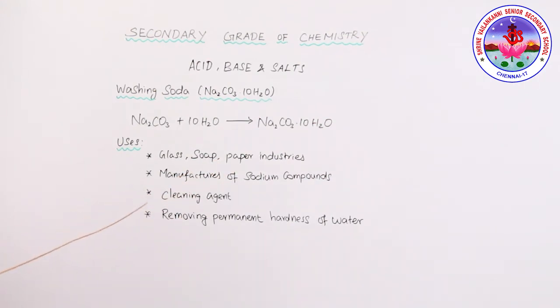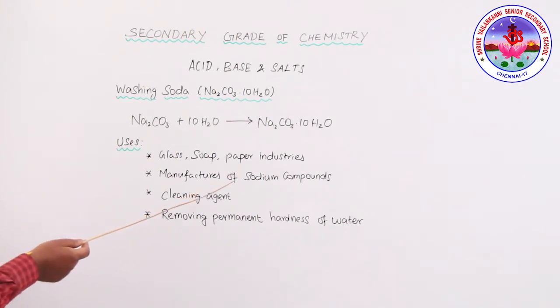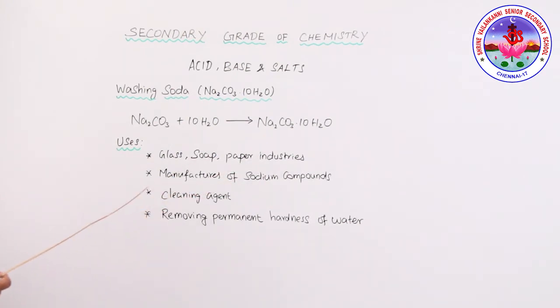It is used in the manufacture of sodium compounds like borax. Sodium carbonate can be used as a cleansing agent for domestic purposes. It is also used for removing permanent hardness of water. So these are the uses.